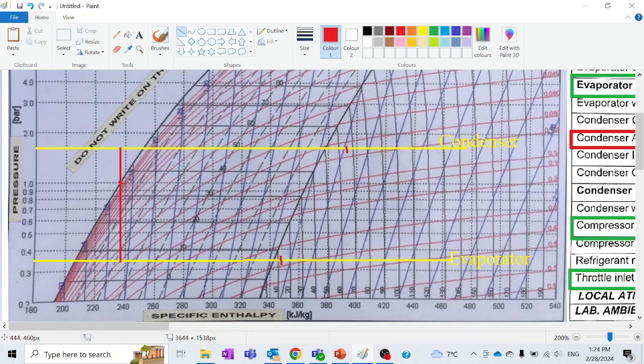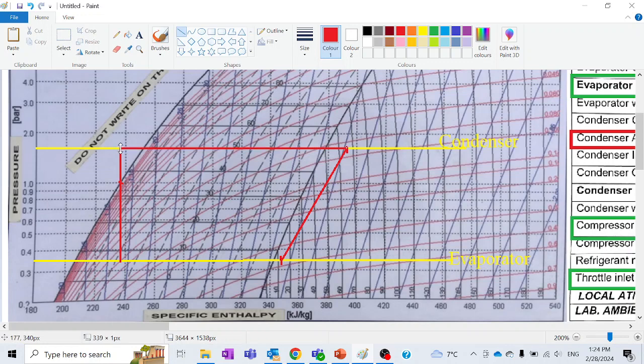So now we have all the points required to complete the diagram. From the evaporator, the refrigerant will enter the compressor. Now we need a red line. From the evaporator it enters the compressor, and from the compressor it exits into the condenser. From the condenser, the temperature is reduced up to the point where it enters the throttle.